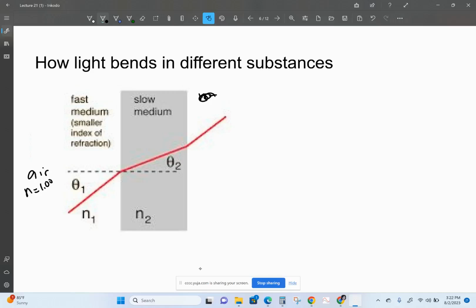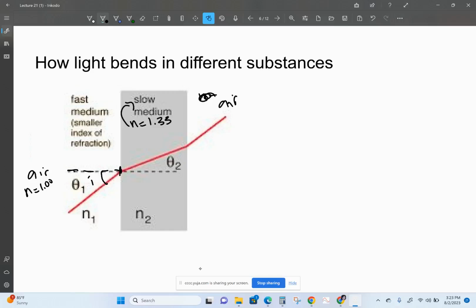And this is, say, something that has an n that's bigger, 1.33. A bigger n means a slower medium. And then it's going to go back into air. So what we're going to do is consider where it's hitting, and we're going to draw a line perpendicular to the surface. And we're going to measure this angle here. This is the angle of incidence.